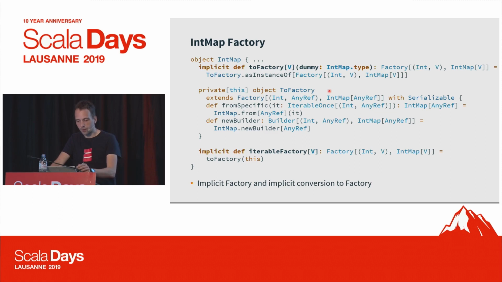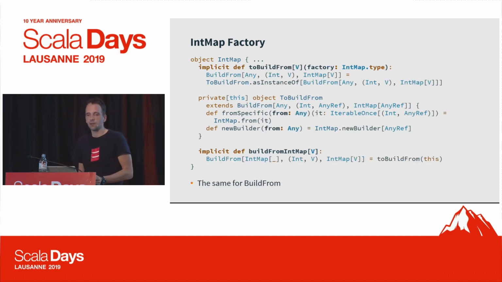There's a fromSpecific, and there's a newBuilder method that we implement, and both are straightforward. And then we have an iterableFactory method that returns an implicit Factory for whatever type. And we have a toFactory method that takes as a dummy parameter this object itself and converts it to that type. So this wires up Factory.